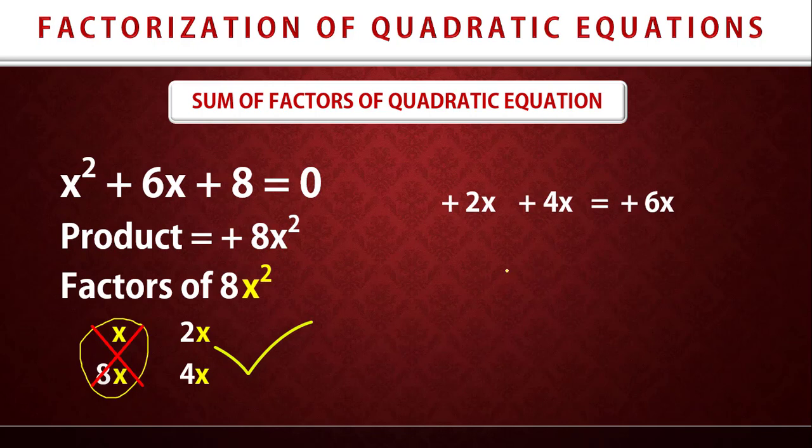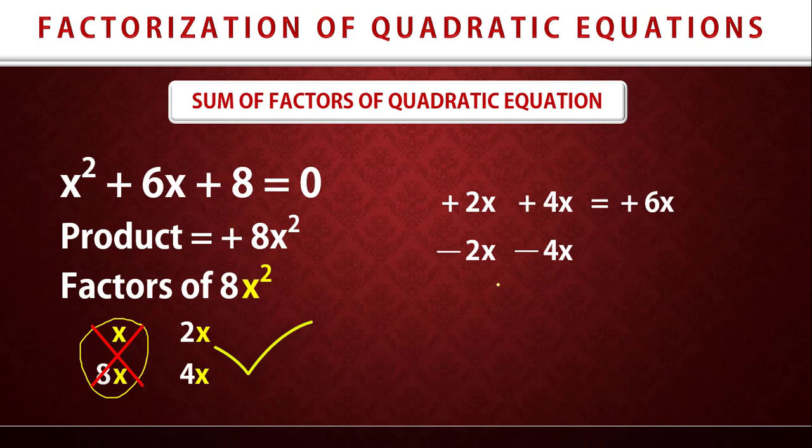But this time around, we're going to make use of minus minus. So let's take the 2x and 4x again. This time around, we're going to put minus for the 2x, and the same for the 4x. So we put minus 2x and then minus 4x. You get the idea now. So minus 2x minus 4x, what will it give us?